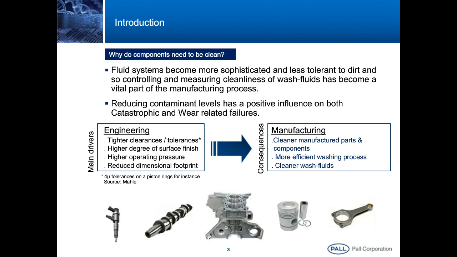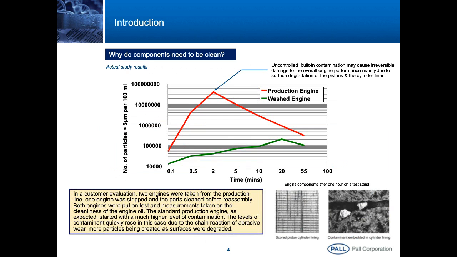Now, let's go a little bit further, considering this time the effect of contaminants on the components themselves. This graph is a historical one, since it really corresponds to the beginning of the component cleanliness concept. About 20 years ago, Renault and Peugeot started to investigate the benefits of producing clean V6 aluminum engines on their reliability and performance.